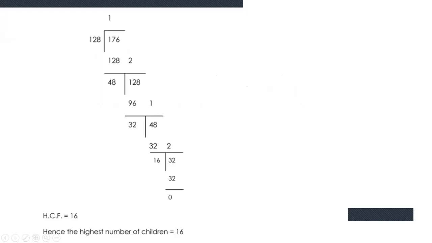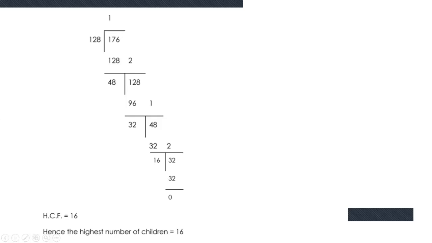You can see that 48 is now greater, shifting to the inner side. 32 ones are 32, remaining is 16. 32 is greater now, so shift this to the inner side. 16 twos are 32. The HCF of the given numbers is 16.